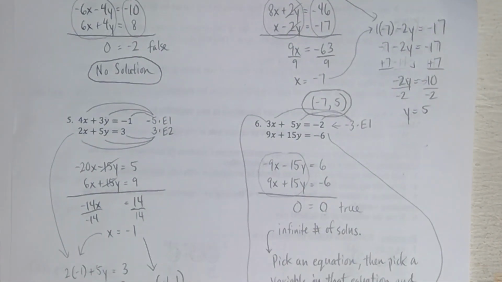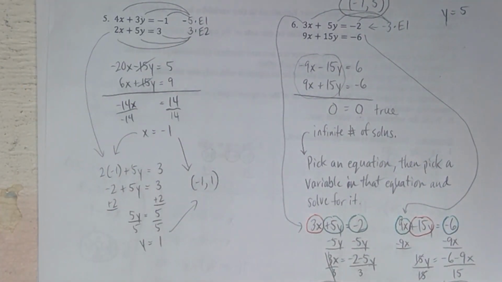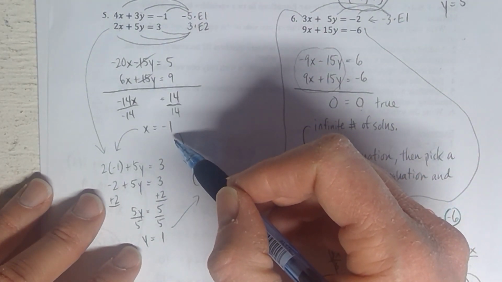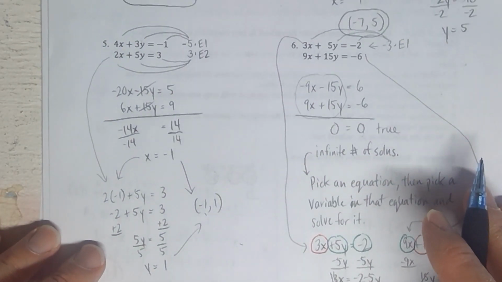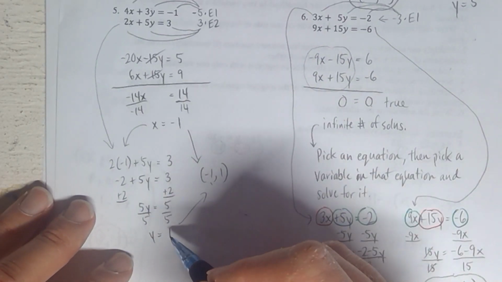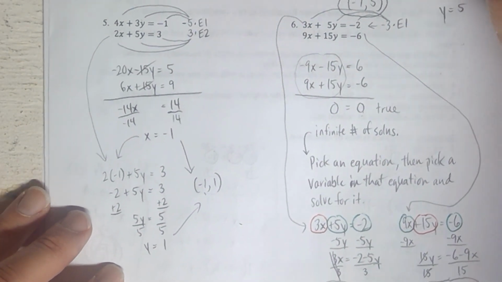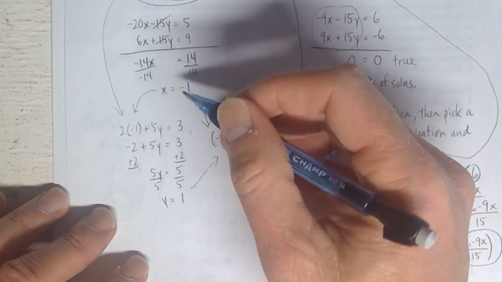One last thing I wanted to point out here before we're done with all the problems, but let's say, for example, that, see how right here I solved for x? What if I had solved for y first and I ended up getting y equal to 1? I want to talk about that. Actually, that's okay, that'll still be fine.